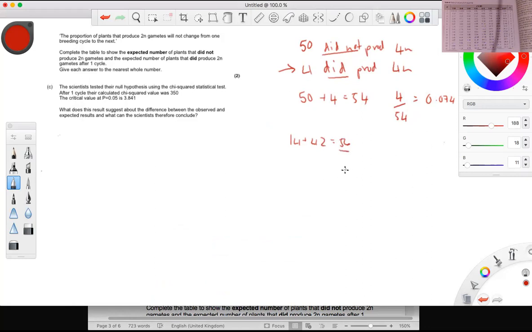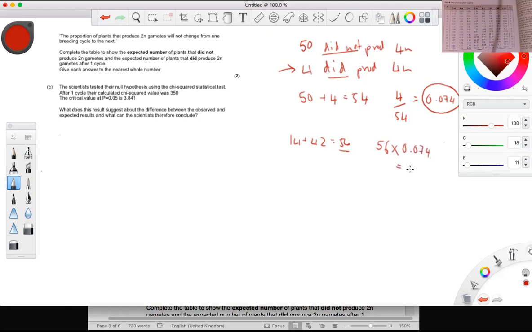So what did we actually expect? That's what we observed. What did we actually expect? Well, we expect this proportion of plants to not produce 4N. So if we want to know what number of the 56 plants did not produce 4N gametes, we multiply 56 by 0.074.